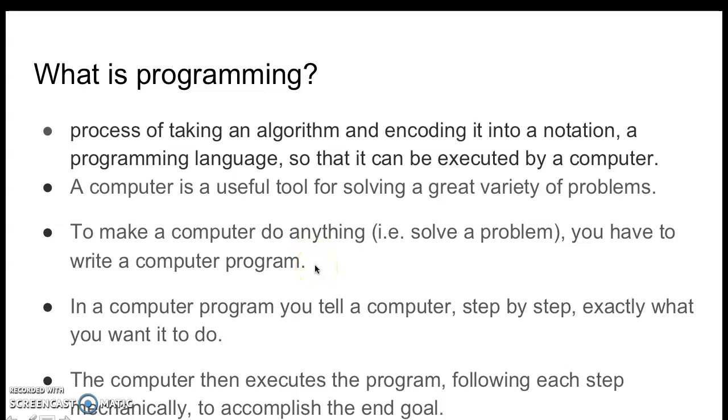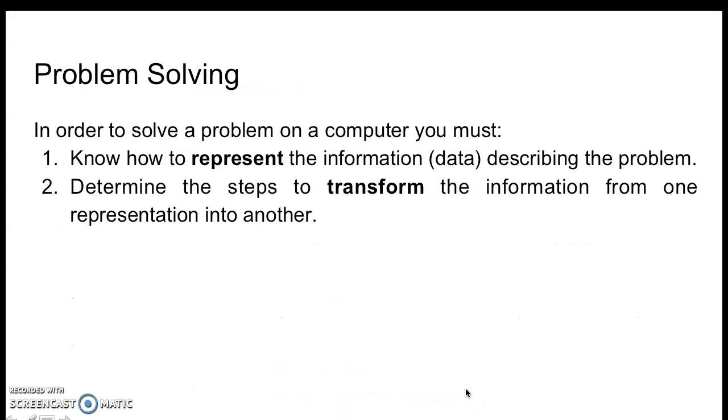Like I said, the computer is not as intelligent as a human unless we code the computer or we program the computer based on artificial intelligence algorithms. Okay, in a computer program, you tell a computer step by step exactly what you want it to do, like I explained. The computer then executes the program following each step mechanically to accomplish the end goal.